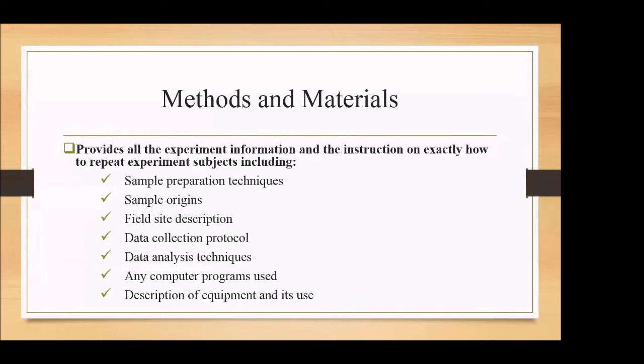So why do we actually put a method or material in our research? It provides all the experiment information and the instructions on exactly how to repeat the experiment, subjects included. For example, let's say I want to conduct research.